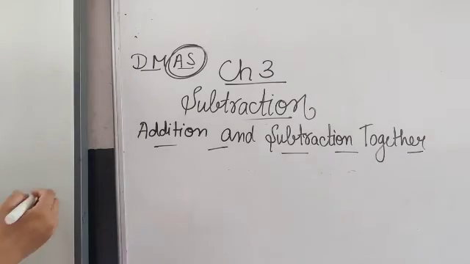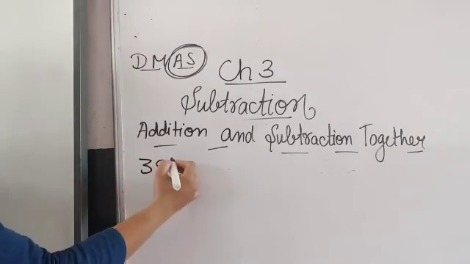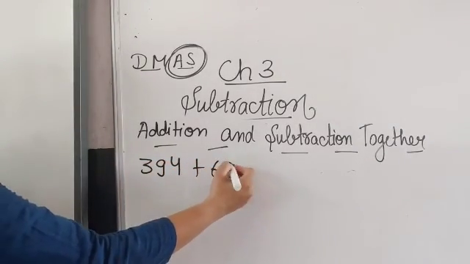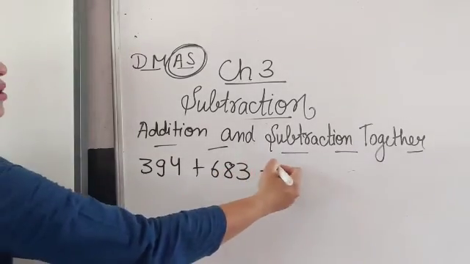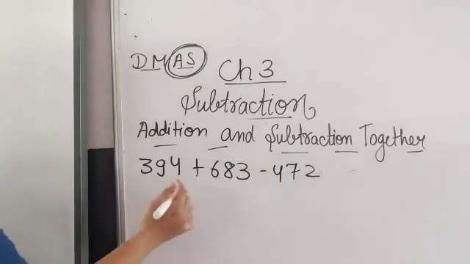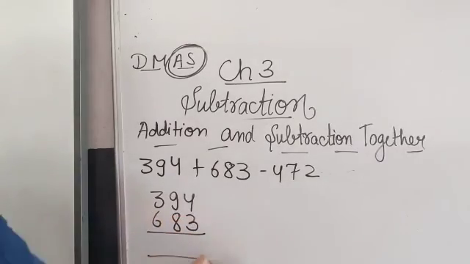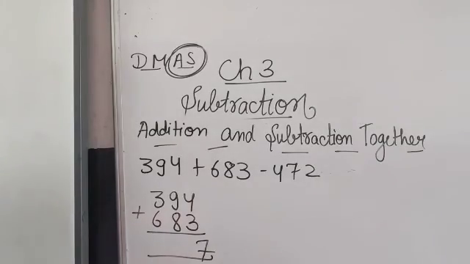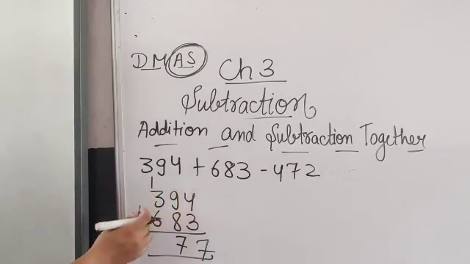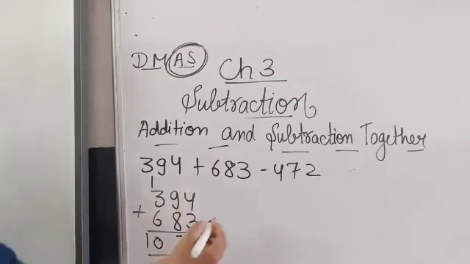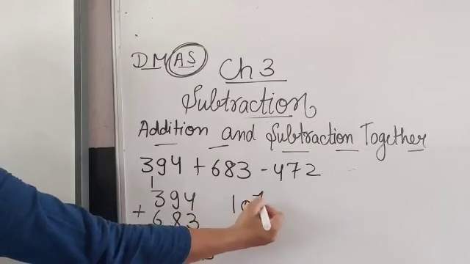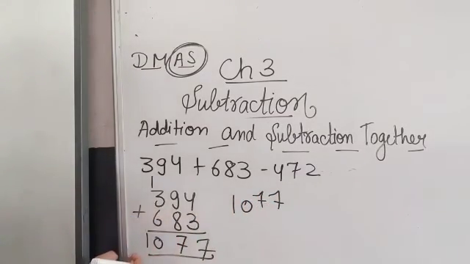Now see one more example when addition and subtraction are given together. Just add these 2 numbers. Hurry up, add these. Very good. Now, whenever addition and subtraction are together, you have to add.